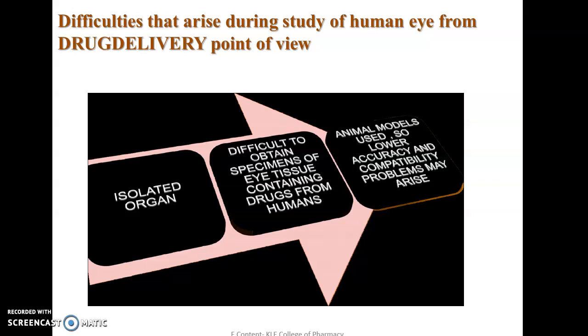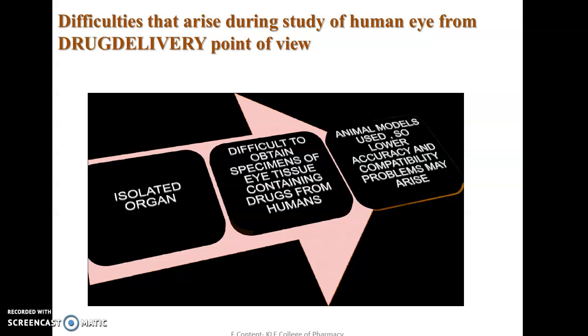It is difficult to obtain specimens of the eye, not only eye tissues but also those containing the drugs from humans. And the next difficulty is the use of animal models.